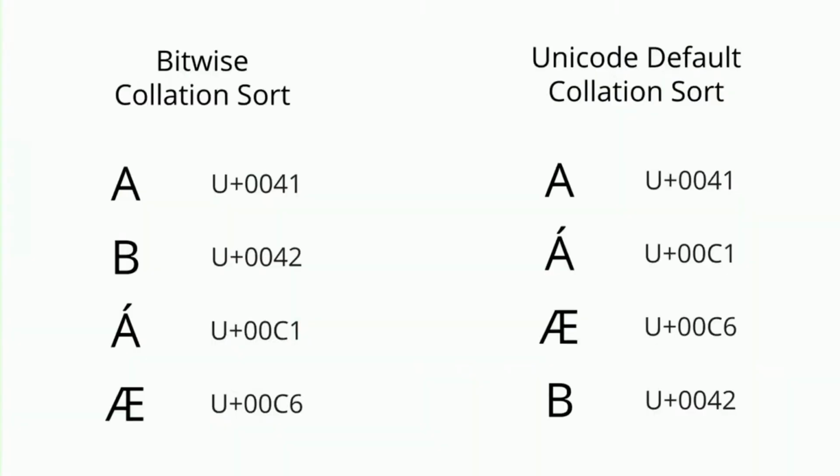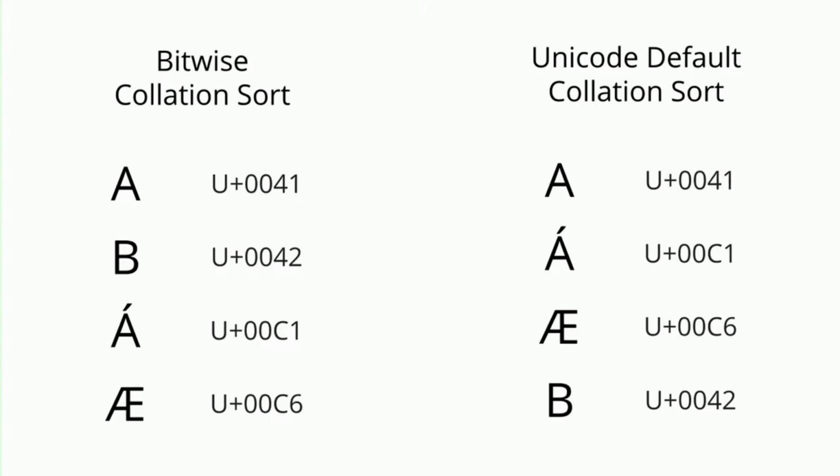So, most commonly, languages do a bitwise collation sort, right? That is, they're looking for the bit representation and they order in order of the bit representation. In this case, the index is the bit representation for most of these characters, so they're ordered in that way. Unicode does offer a default collation sort, which is just a way that they suggest you sort things if you don't know how to sort it.